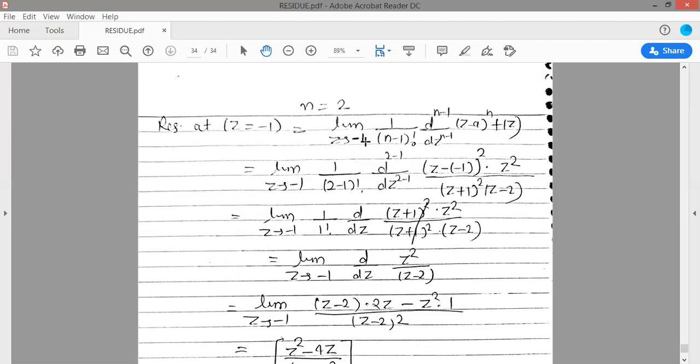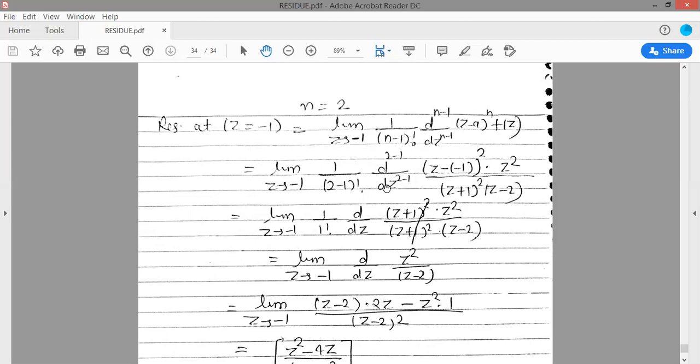So we put the value of n: 1 upon (2-1) factorial, d^(2-1) upon dz^(2-1) of (z-(-1))² into z² upon (z+1)²(z-2). The (z+1)² brackets will be cancelled out, and only z² upon (z-2) will remain.